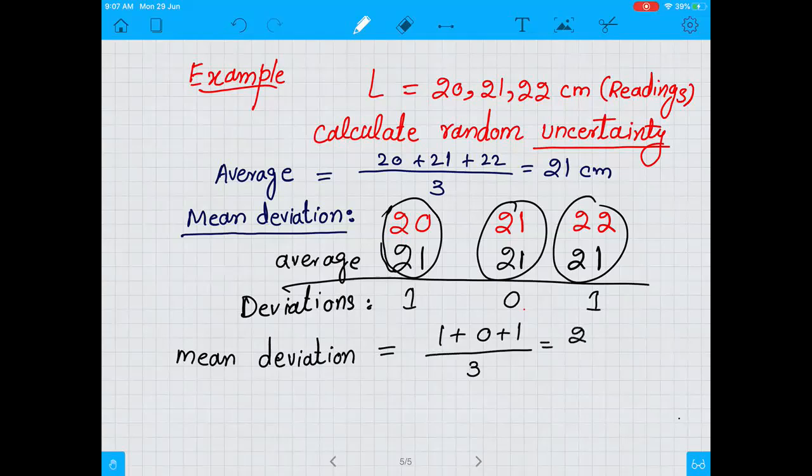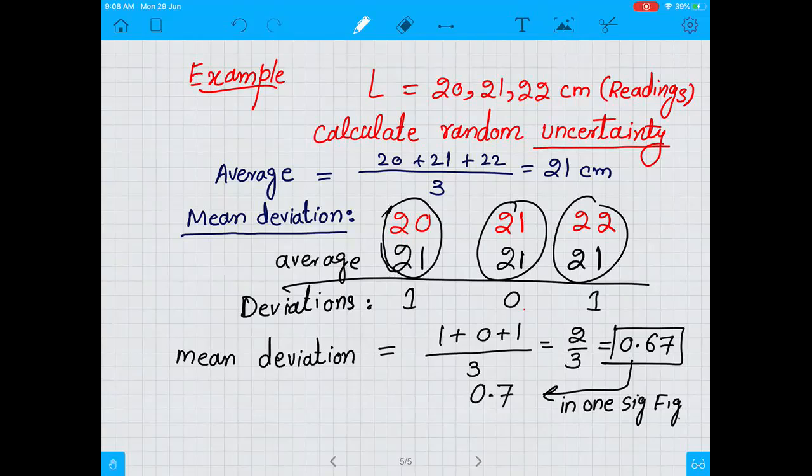So it would be 2 over 3, and 2 over 3 is 0.67. Now one thing, we have to write it up to one significant figure. In one significant figure, if you round it off, it would become 0.7.